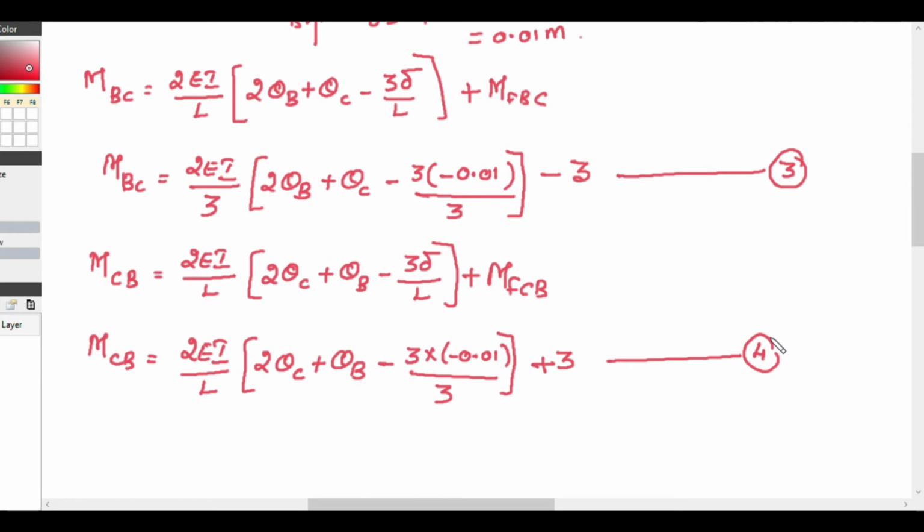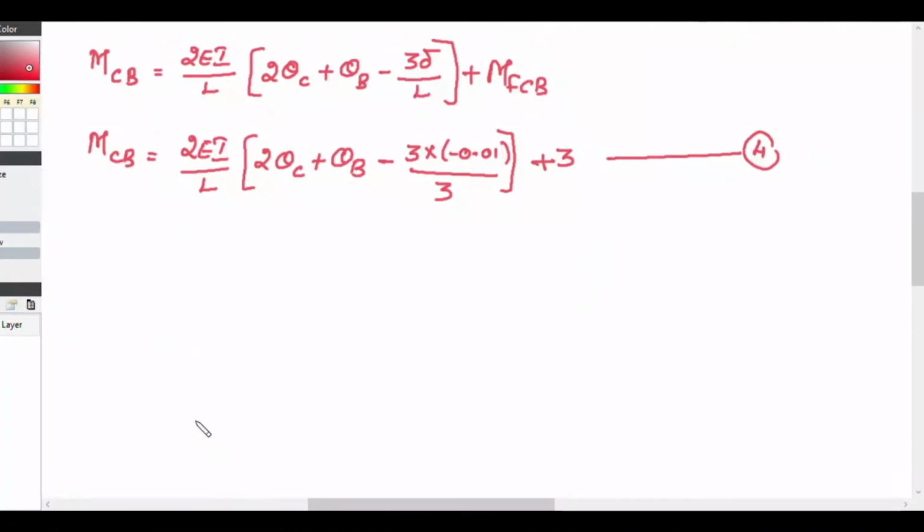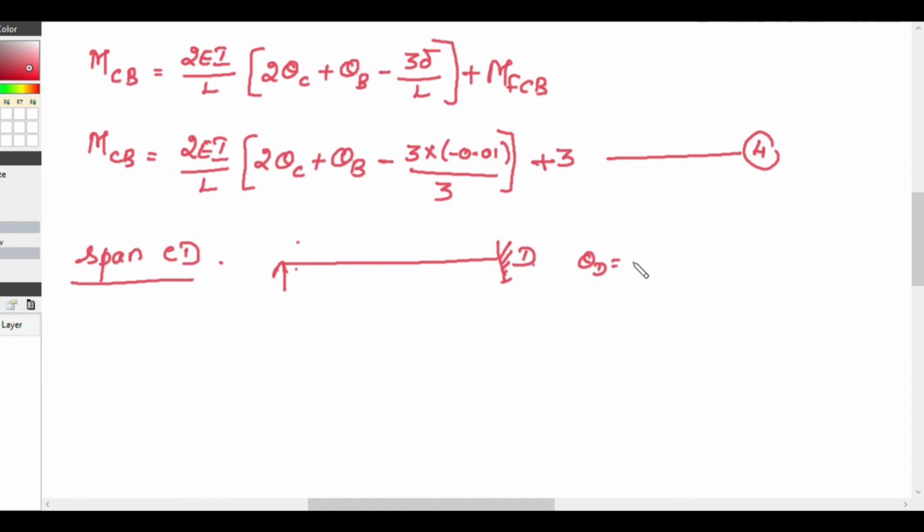So now we will consider the span CD. For the span CD, we know C is an intermediate support and D is the fixed support, and theta D will be equal to 0.